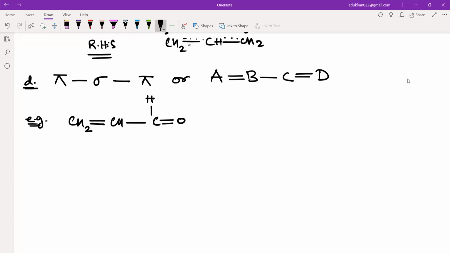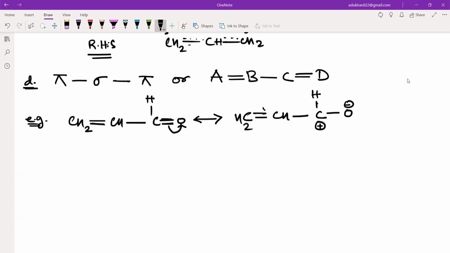Now in this, what type of resonance will be there? So first of all, what will happen? First of all, this bond will go here, and you will be forming CH2 double bond, CH single bond, CH single bond O. There is O negative and there is C positive.